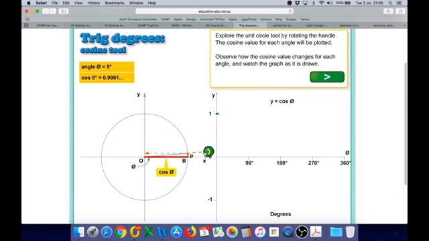Now if we go down to 0 degrees, the value is 1. If we go to 90 degrees, the value is 0. If we go to 60 degrees, the cosine of 60 is exactly 1/2, because you can see the length of line 0B is half of the radius of this circle.